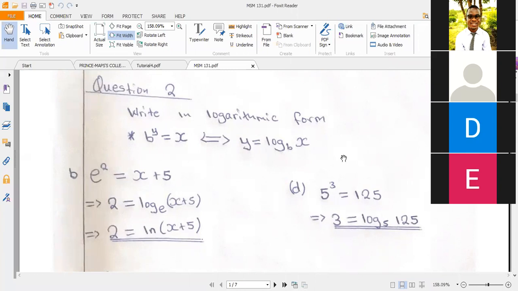We maintain the base as we introduce the log. The power becomes your solution, and your solution becomes your argument. So it will be 3, which is the solution, is equal to log base 5 of 125. So you've maintained the base, which is 5, made the solution your argument, and your power has become your solution.